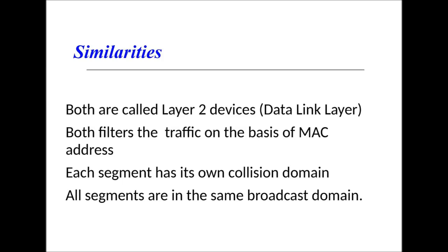Similarities. Both are called layer 2 devices, data link layer. These two devices are switch and bridge, because we have discussed the switch in detail in our previous slides as well as in our previous lecture, and we have also studied the bridge. A bridge is a device which is used to connect two similar local area networks.